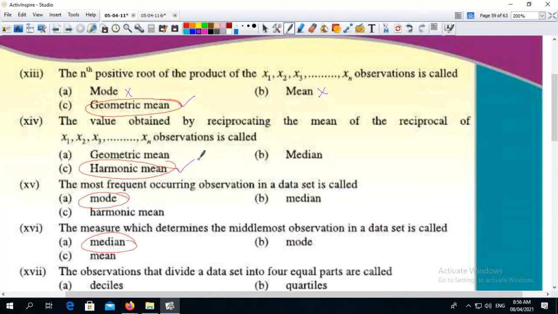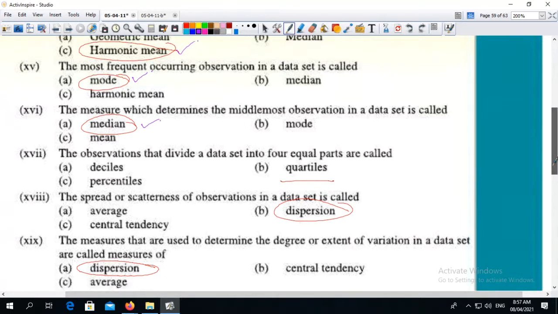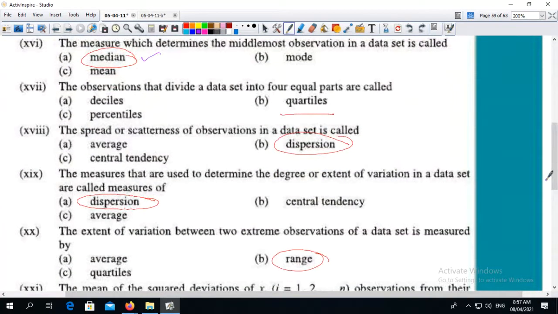The most frequently occurring observation in a data set is called mode. The measure which determines the middlemost observation is called median. The observations that divide a data set into 4 equal parts are called quartiles. Quartile means 4 parts.